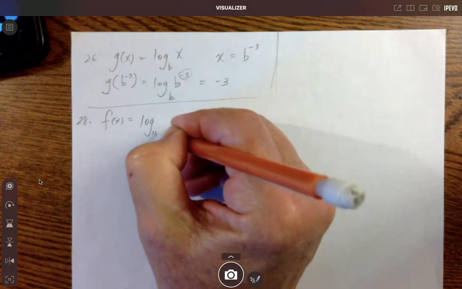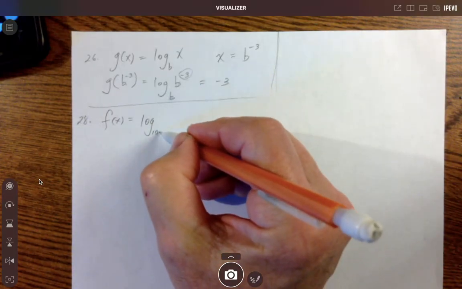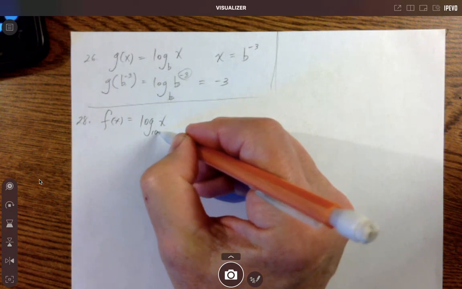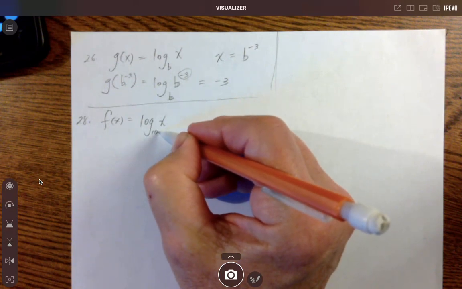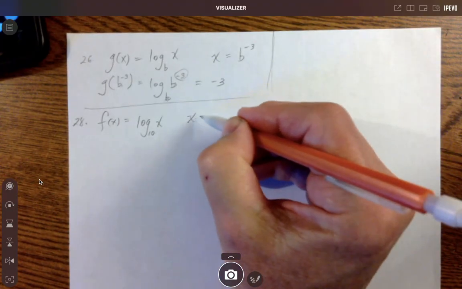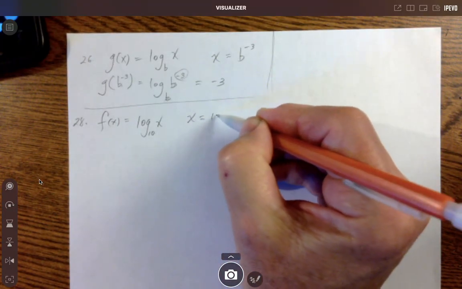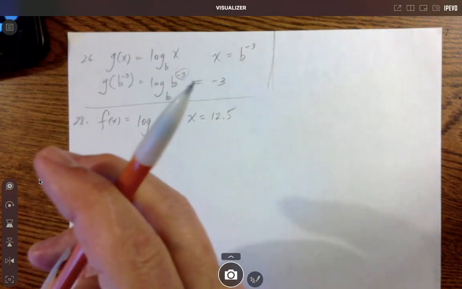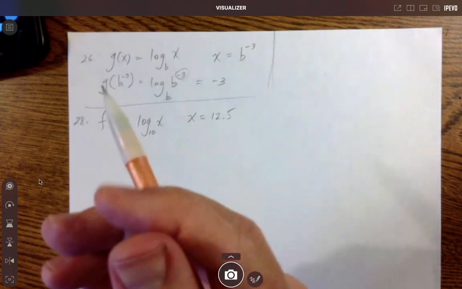Now, whenever you have log base 10, you don't have to write the 10. If there is no number down here, it's assumed to be 10, which is called a common log, if you remember. And x is equal to 12.5. And the directions say to use a calculator to evaluate this.